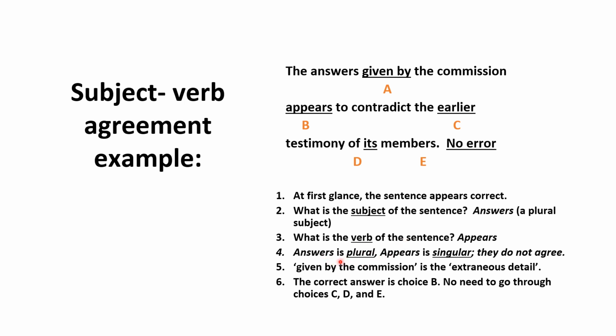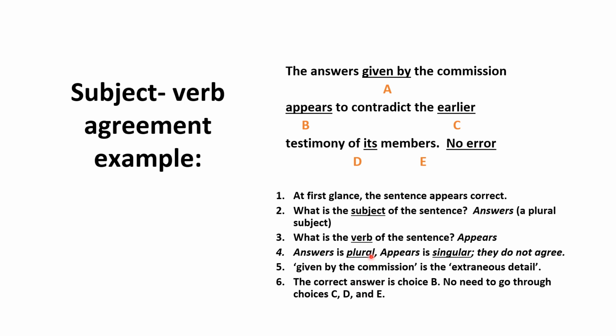Okay? Answers is plural. Appears is singular. They do not agree. Given by the commission is an extra detail. Okay, so you have to omit that. So never mind that one. Okay, it doesn't violate any. So alisin na yan sa utak. Focus on the subject-verb agreement.